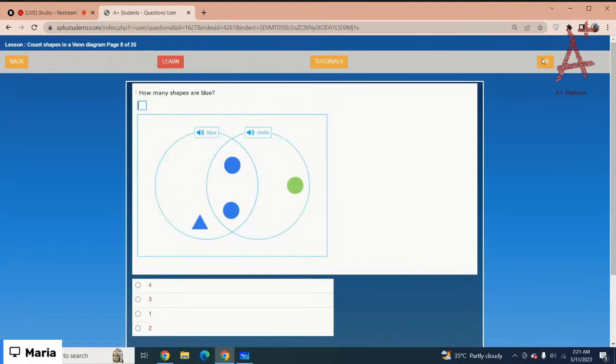So which is the correct option? You have just three shapes that are blue. You need to count the shapes that are blue. So you have one, two, and three shapes that are blue.